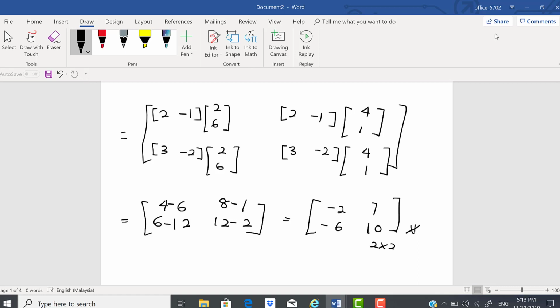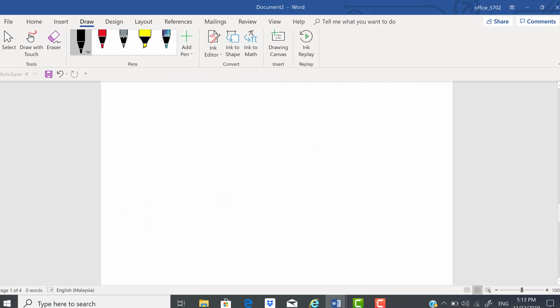Okay, now we look at the second example, the next example on a 2 by 2 matrix again. Let's say we have our A is 1, 2, 3, 4. And we have our B is 1, negative 1, negative 2, and 1.